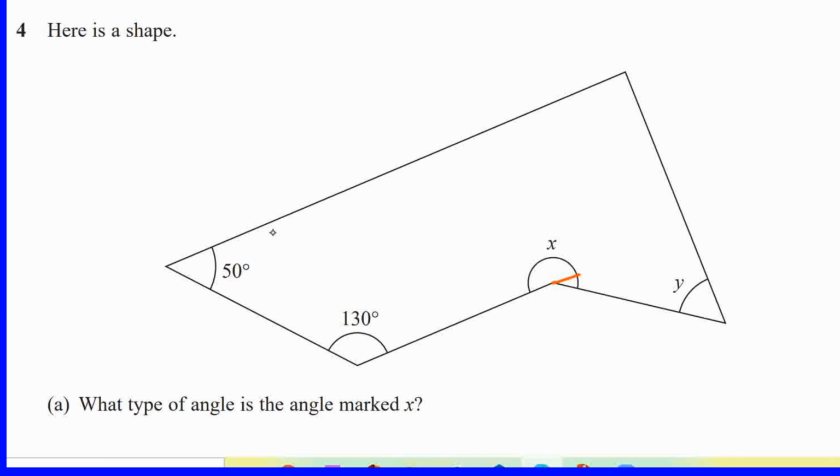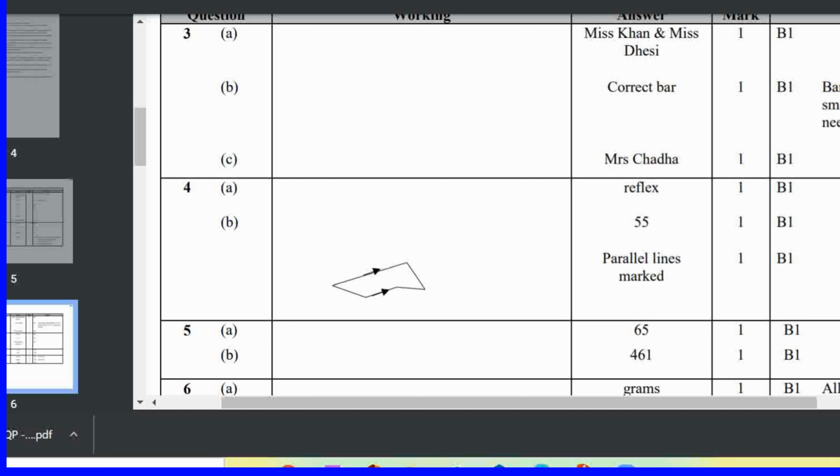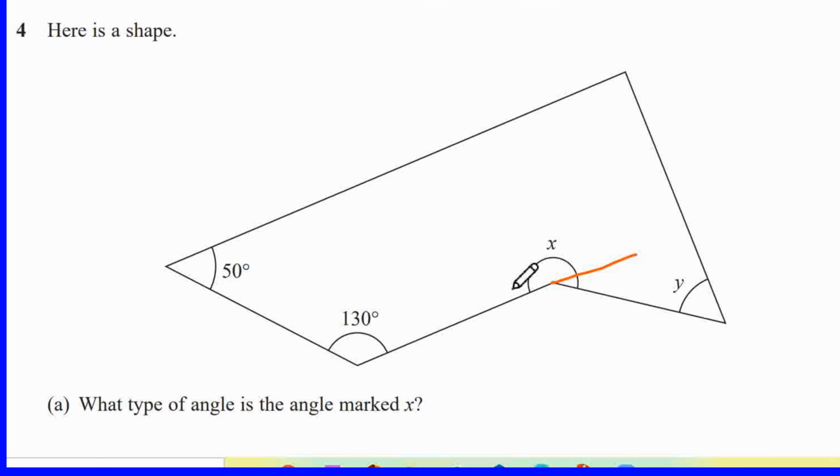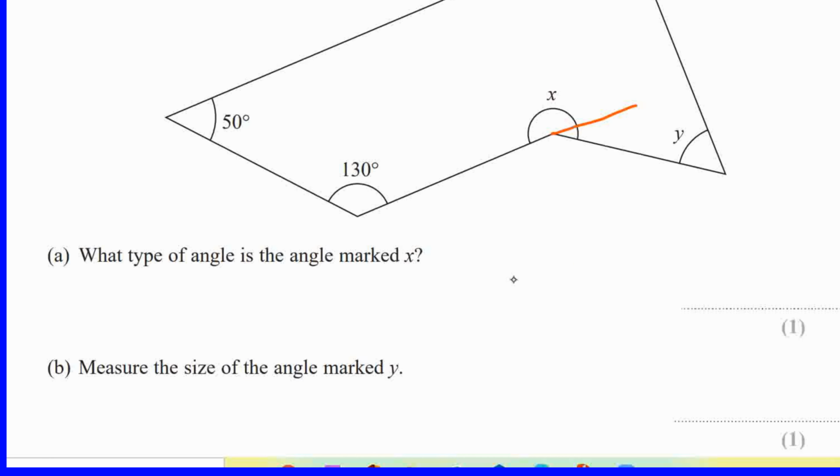If this is 180, a straight line, no, it's more than 180, so it should be a reflex angle since it's more than 180. So reflex angle.